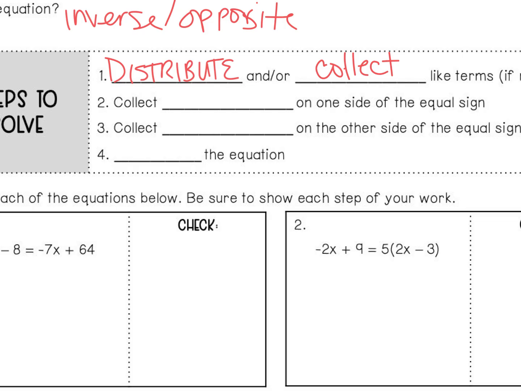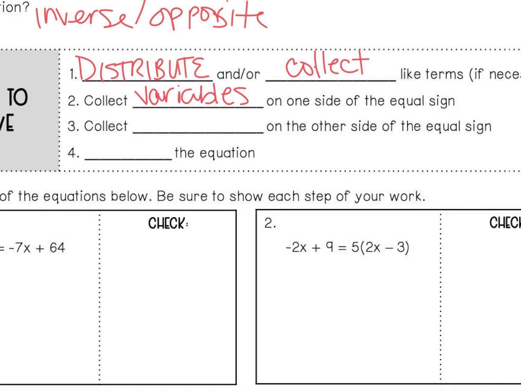And then we are going to collect our variables on one side of the equal, right? So if we have letters on both sides, we need to make sure that we put all of our letters on the same side. And we do this by adding and subtracting. We will not multiply or divide to do this, okay?